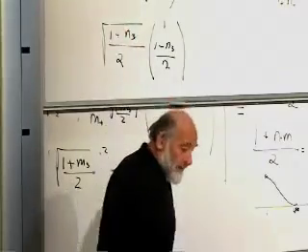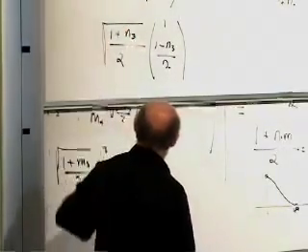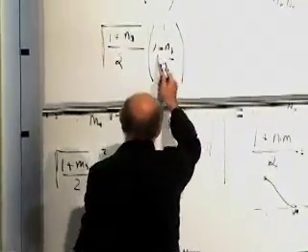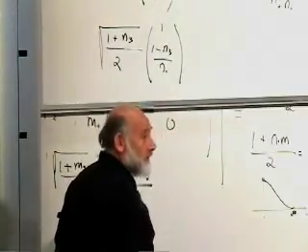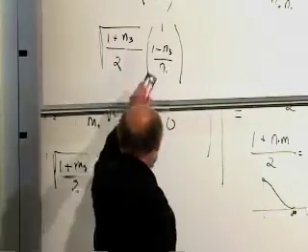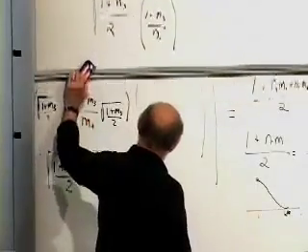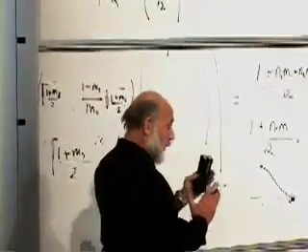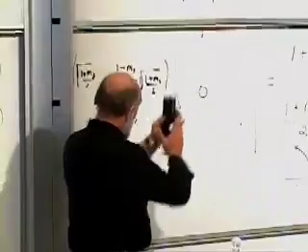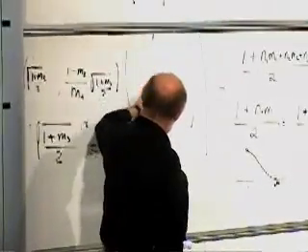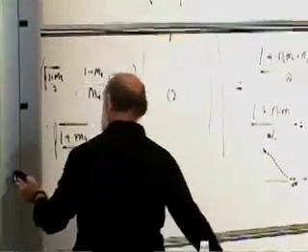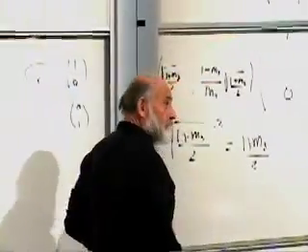So this just becomes 1. But 1 minus n3 would be 0. So in fact, for the special case where n is along the third axis, the eigenvector is just 1, 0. And it's the eigenvector then of just plain old sigma 3.